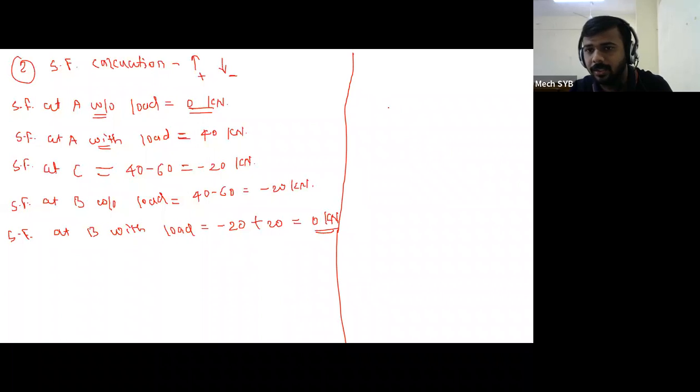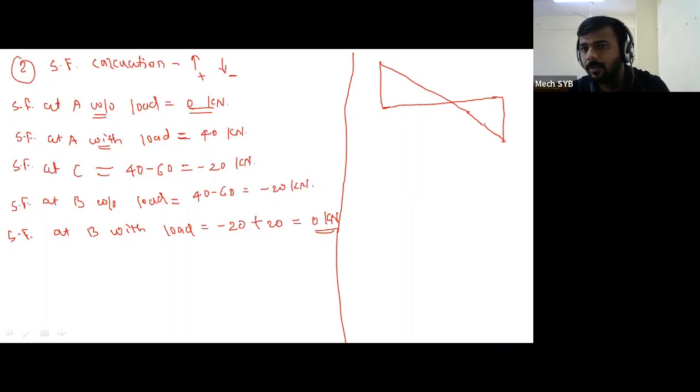How? See. This is the Q point. This is the A point. This is the C point. This is x. This is 6 minus x.